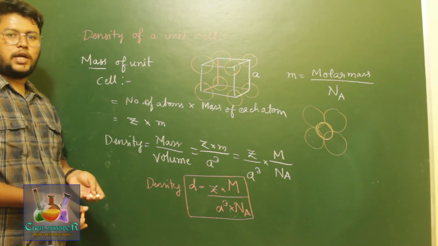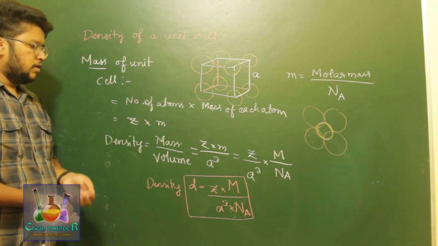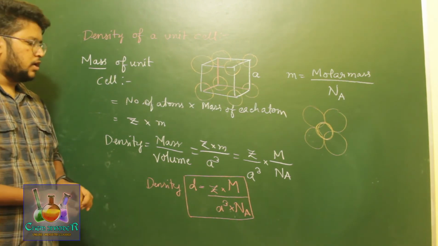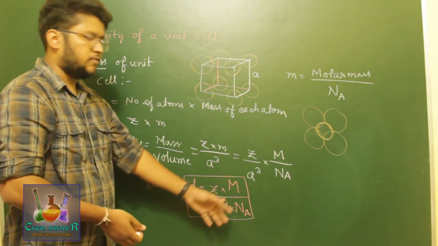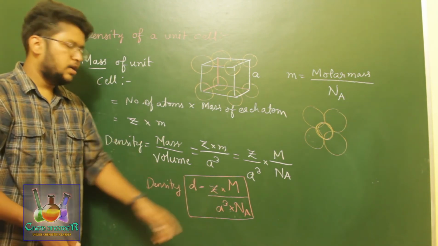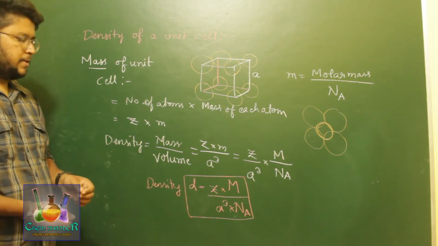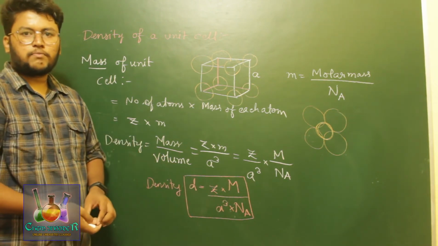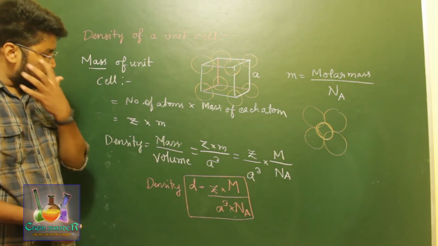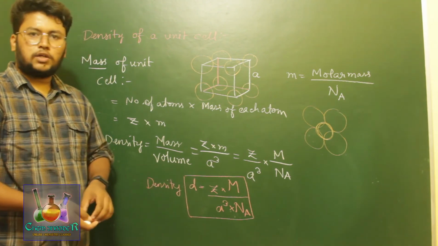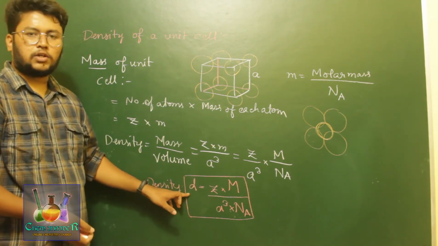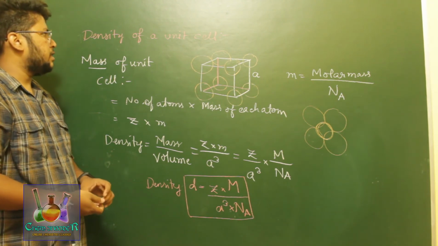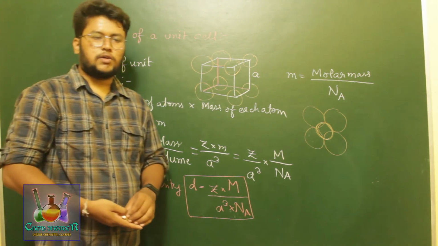Whereas smaller atoms form a smaller unit cell, which gives a small edge length. So these three terms are specific to specific elements, whereas Avogadro number 6.023 times 10 power 23 is a constant. If we know these three terms of a given unit cell, we can directly calculate the density of a unit cell. So this is about the unit cell concept.